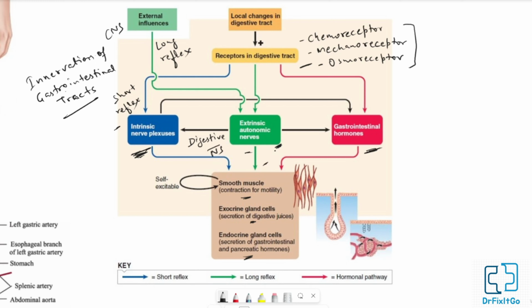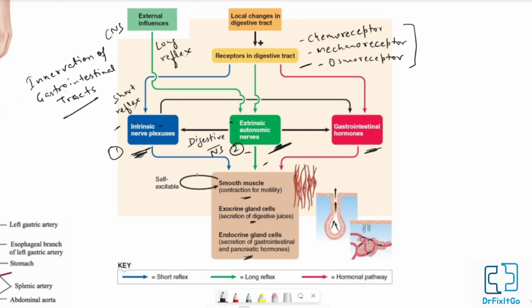The gastrointestinal tract is regulated by the autonomic nervous system, which has an intrinsic and an extrinsic component. These two network systems, intrinsic and extrinsic, are present in the GIT for innervation.